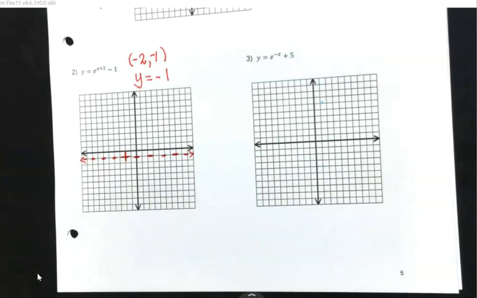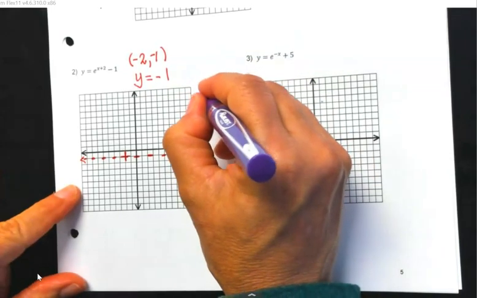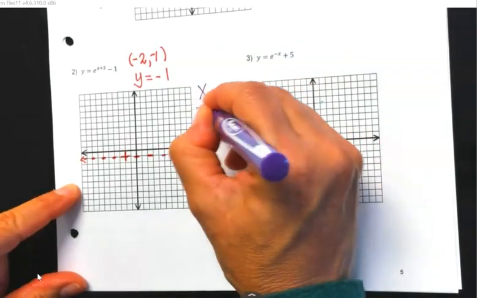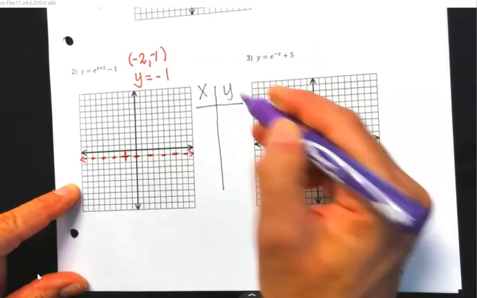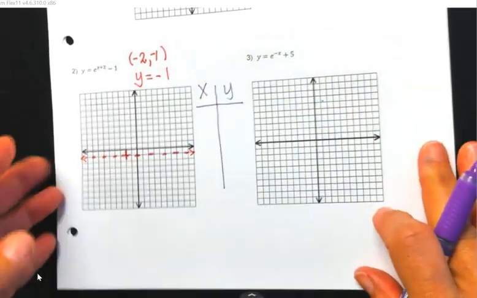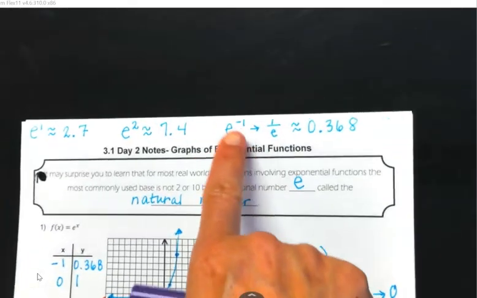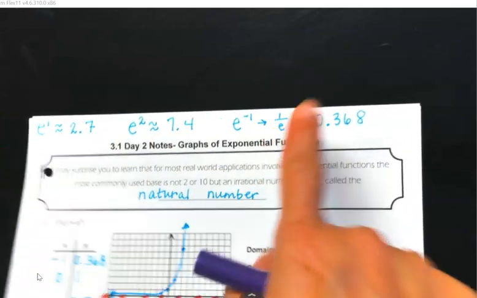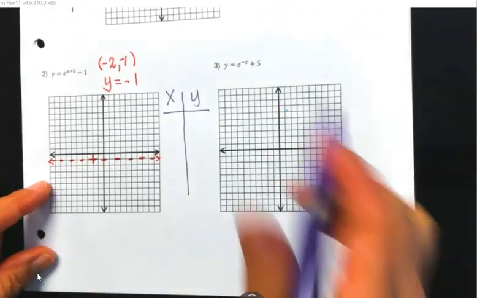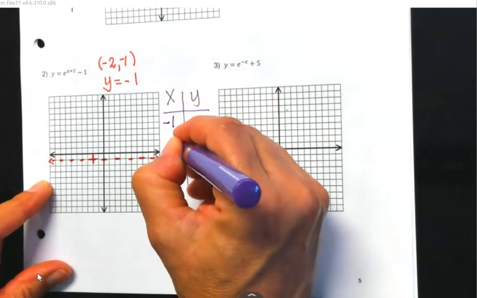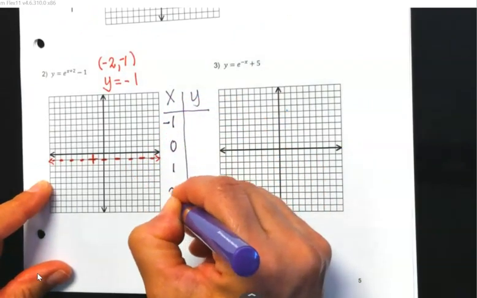All right, now what we're going to do is make a t-chart. So let's go ahead and make a t-chart right here of x and y. And remember, I'm just going to go to the top real quick. These are the only exponent numbers that will fit on our graph. So we're going to do -1, 0, 1, 2.